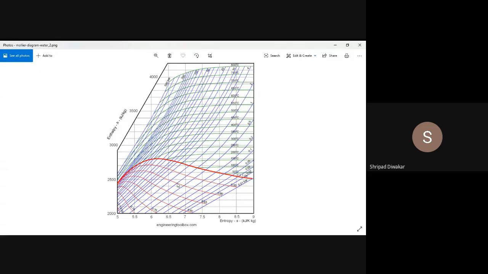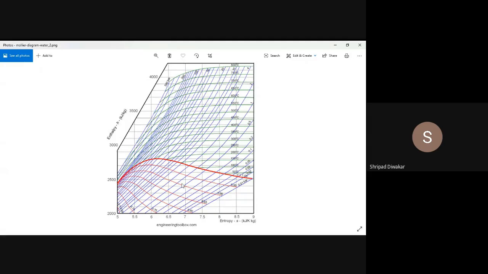Why? Because the total volume is X into specific volume: the total volume at point 2 is V2 equals X2 into small v2. Small v2 is your specific volume.